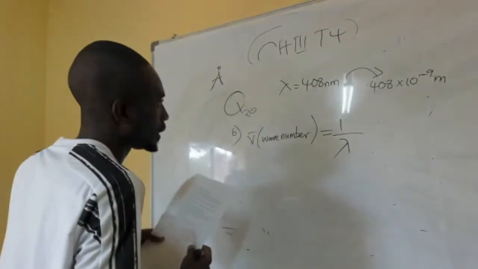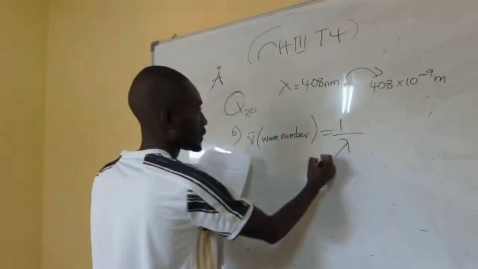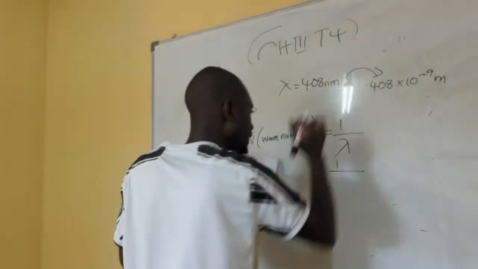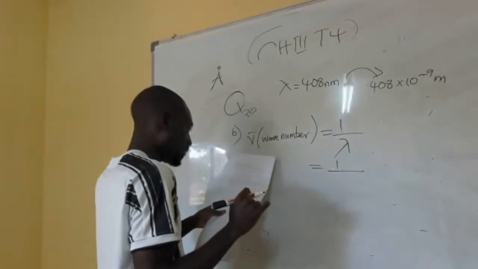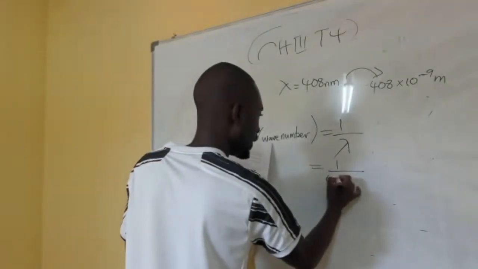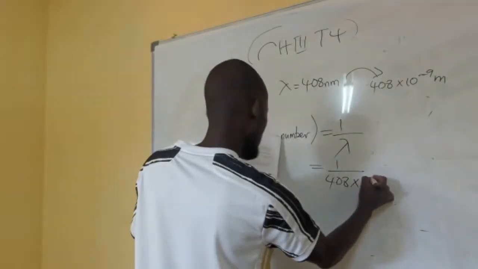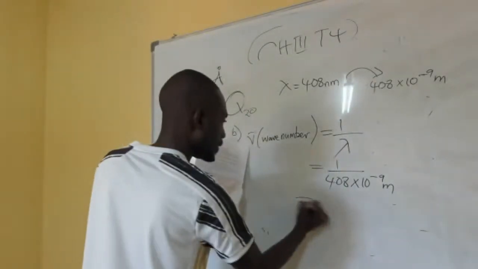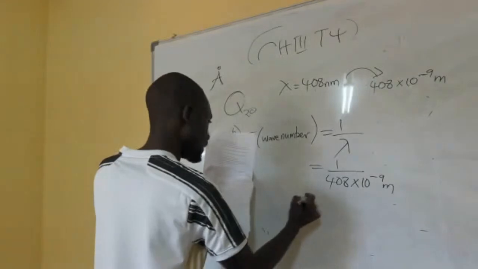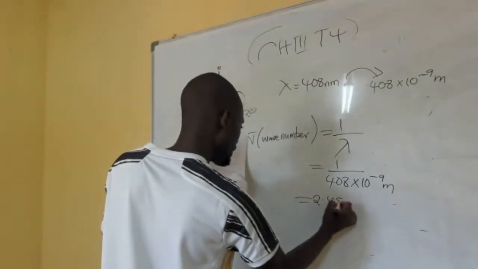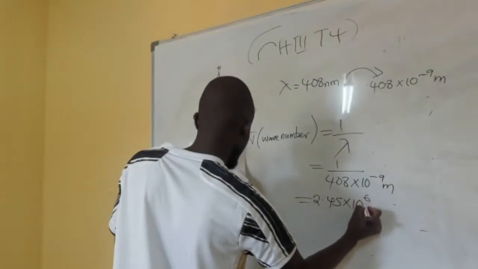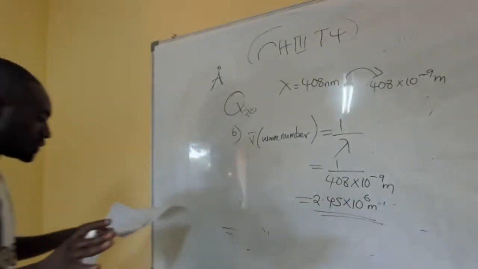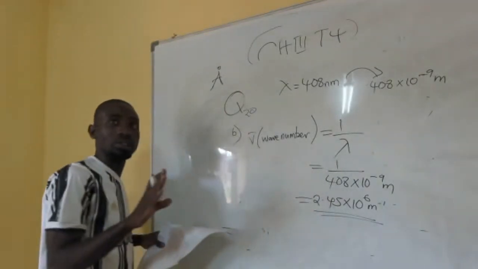So it shouldn't be difficult: just 1 over the wavelength we have converted into meters, 408 times 10 to the power negative 9 m. The answer is 2.45 times 10 to the power 6 per meter. So we have solved B, which is clear.